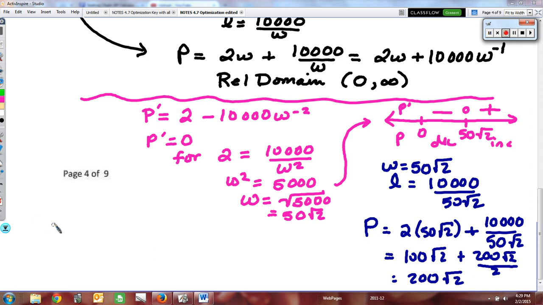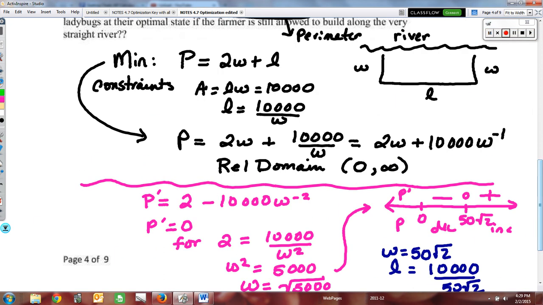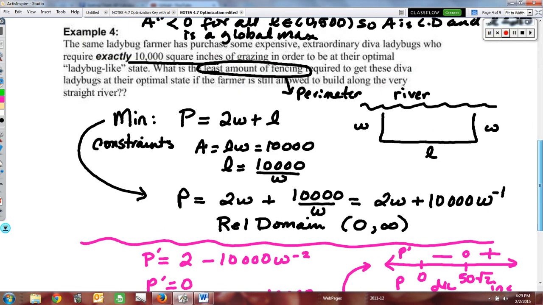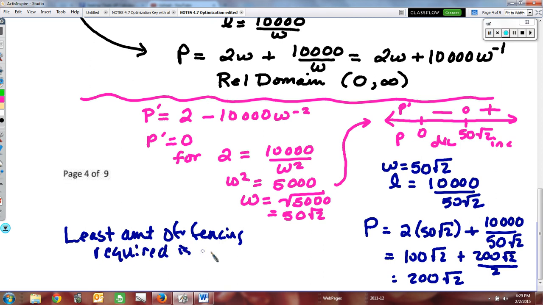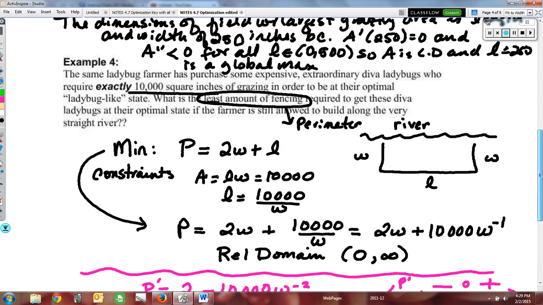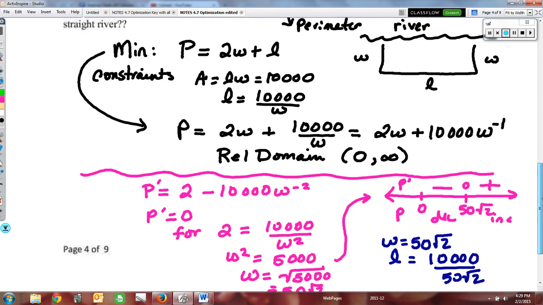So the answer to our question is that the least amount of fencing required is 200 square root of 2, and what units are we in? Inches.